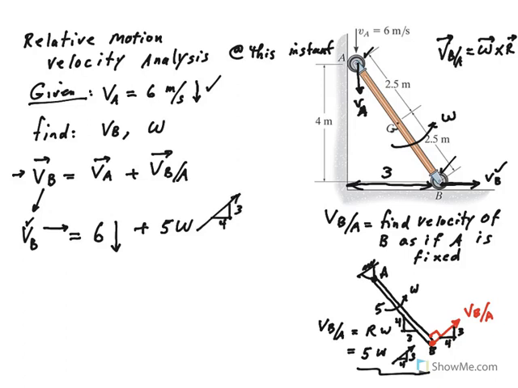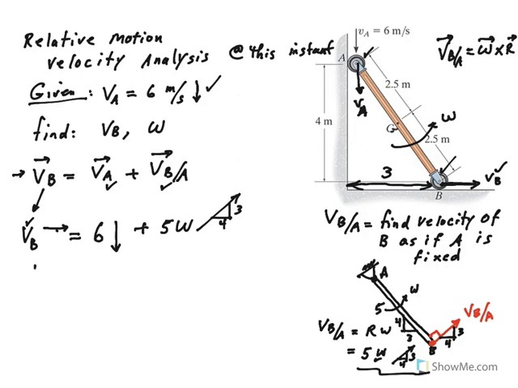So now, I think I paused this by mistake, guys, sorry. All I did, if I missed anything, I'm just plugging into this equation. So velocity of A is 6 going down, velocity of B relative to A is 5 omega, in that direction. So now, all we have to do is equate the horizontal and vertical components.